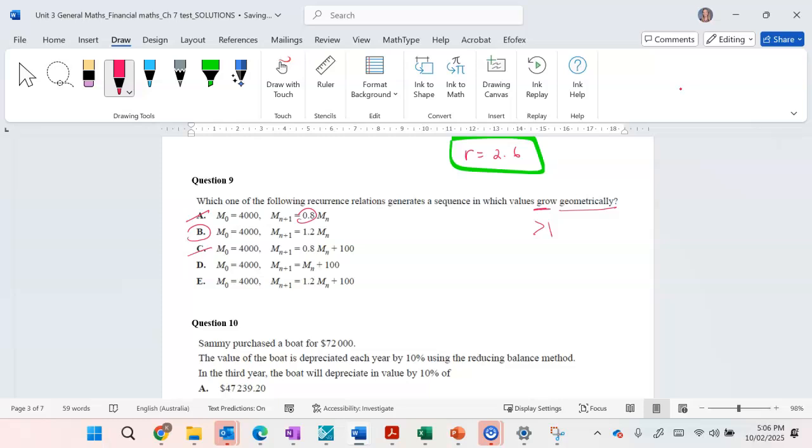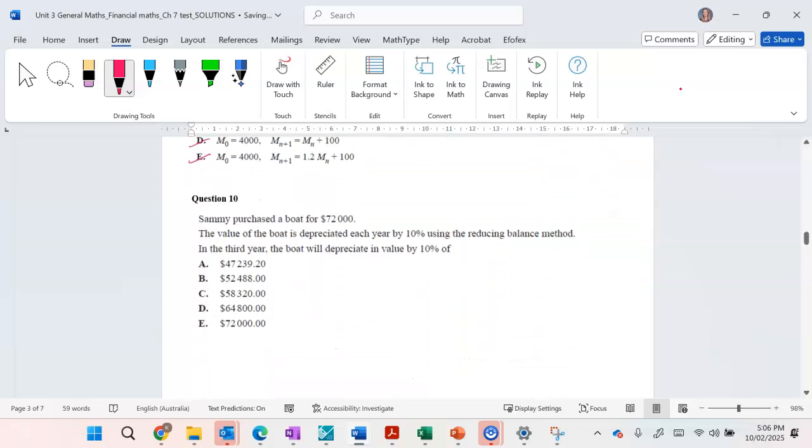And then D and E, you can see this one's not growing geometrically because we've got a value of 1 and it's adding 100 each time. And then this 1.2 here, but we've got a combination of both geometric and arithmetic. So your only possible answer is B.